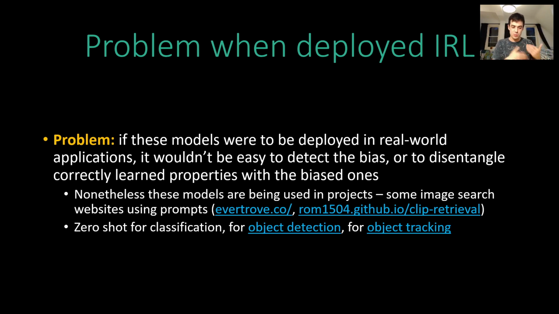So, for example, we could use these models for some sort of classification, and the later decisions made based on these models might be somehow influenced by the bias inside these models. And regardless of the warnings of the authors, these models are already being used in some projects. So some image search websites, or some so-called zero-shot applications for classification, object detection, object tracking, and more.